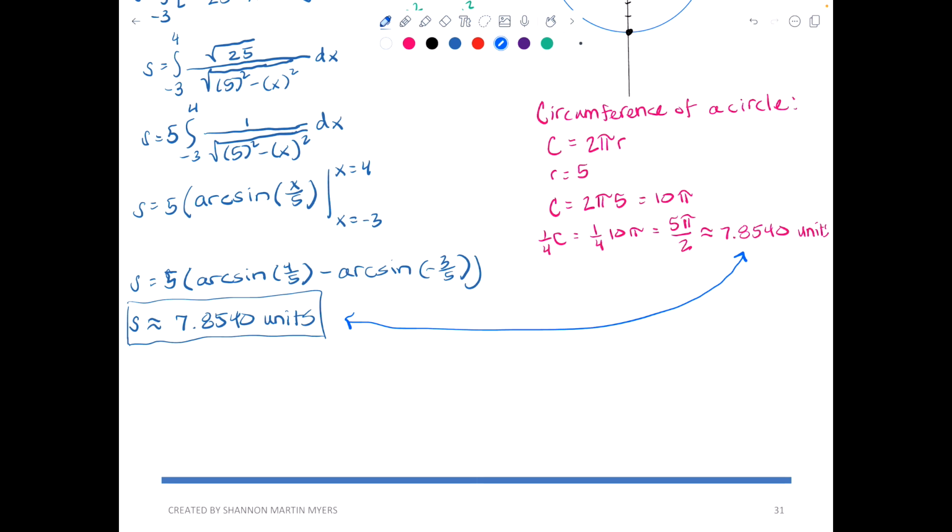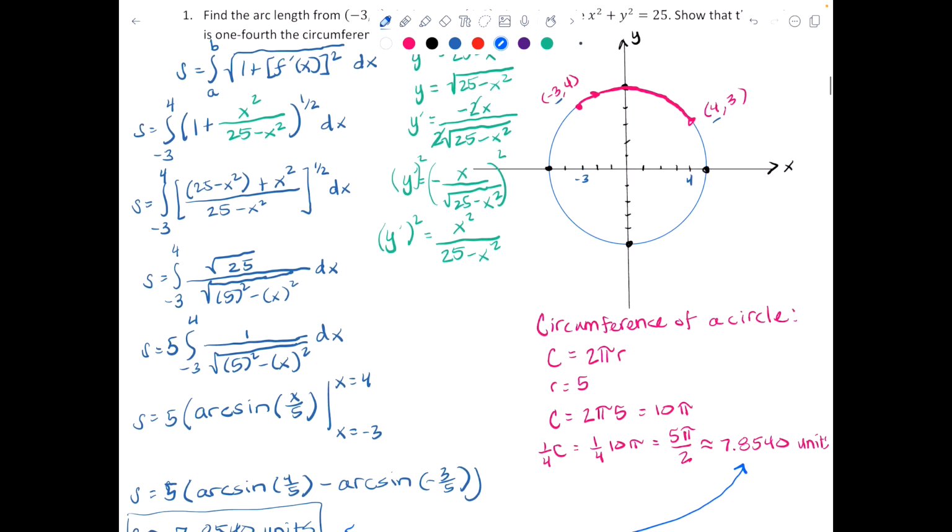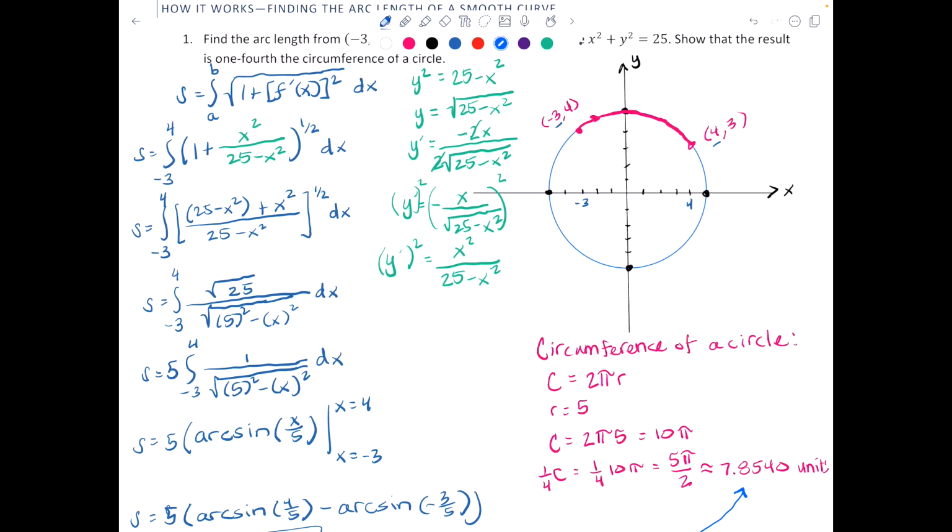Groovy, huh? So it's kind of cool because if we were to look at this, you could see that that's a quarter circle. Cool, cool?